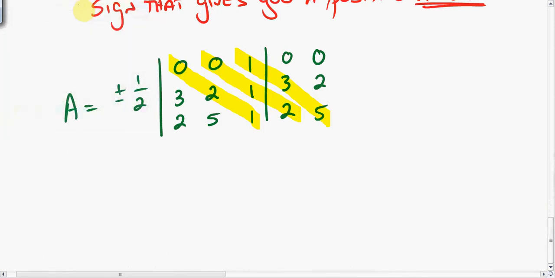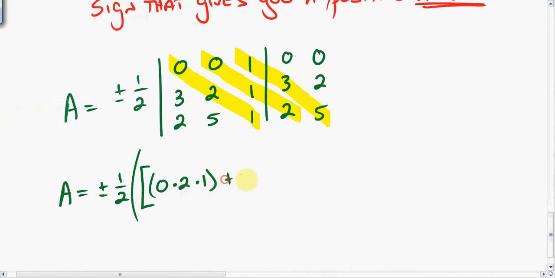So we know area is going to be equal to plus or minus 1/2 times the product of 0 times 2 times 1, added to the product of the next diagonal, which is 0 times 1 times 2, added to the product of the next diagonal, which is 1 times 3 times 5.